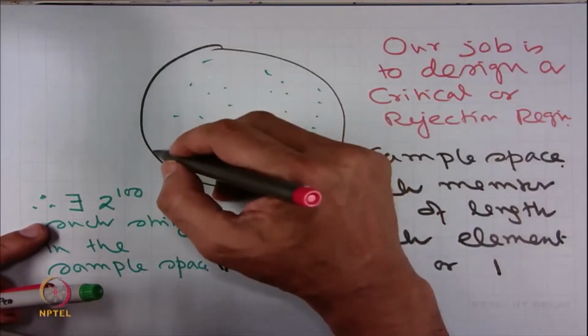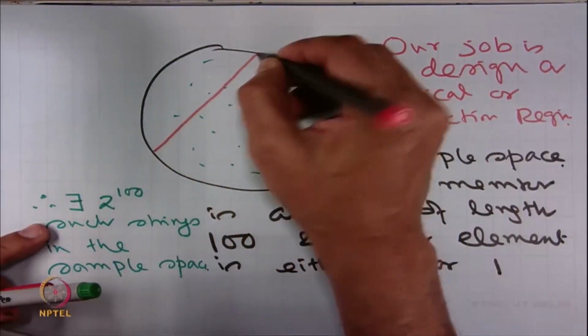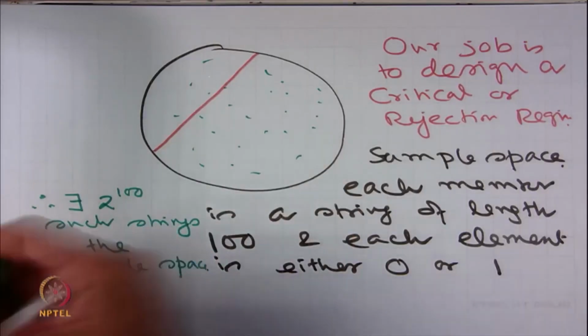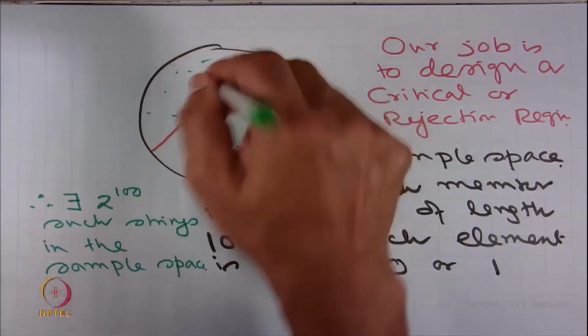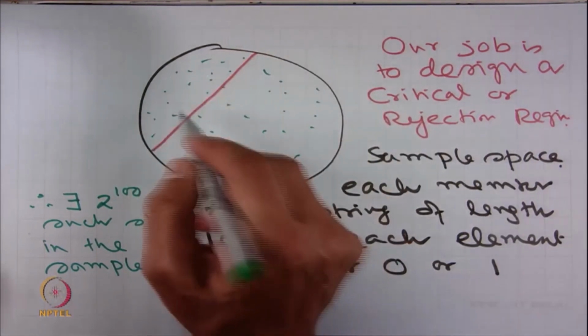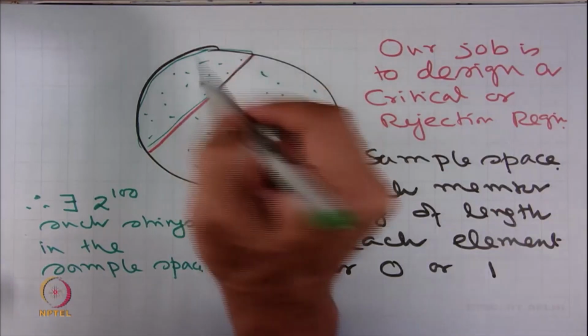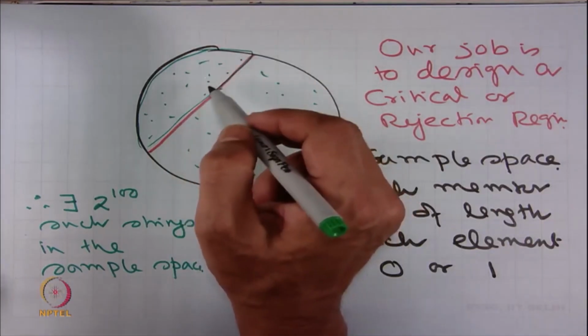Say we decide this is to be our critical region, so that if the outcome is falling in this part of the sample space, then we are going to reject the null hypothesis.